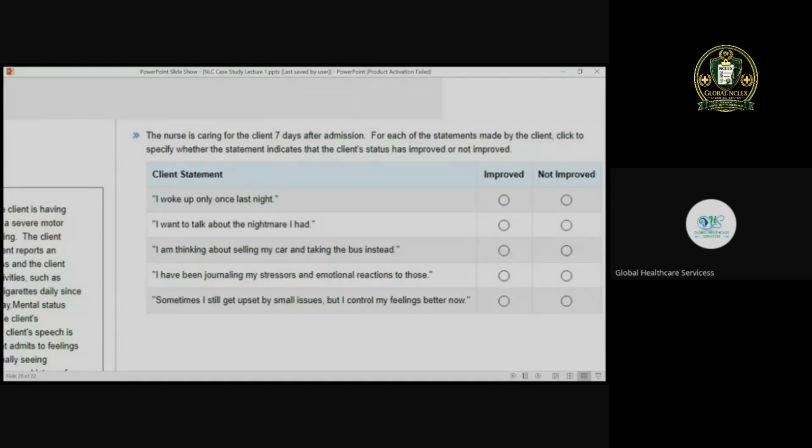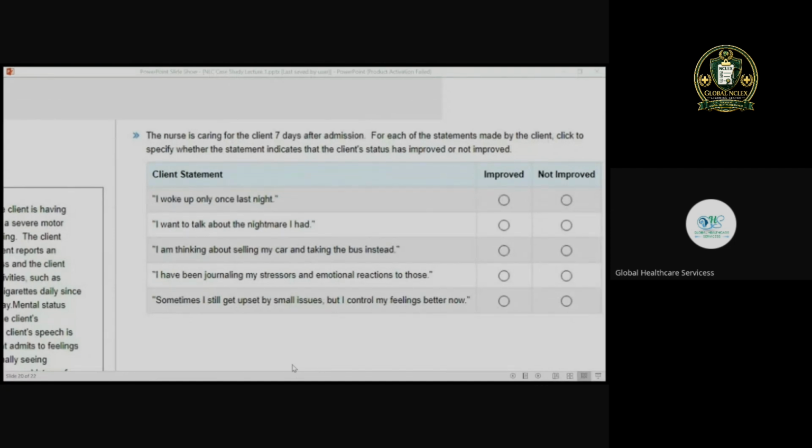I woke up once last night. Improved or not improved? Improved, ma'am. Very good. This is the benefit of a case study: at the end you can understand what is right and what is wrong, if you selected correctly from the very first step.